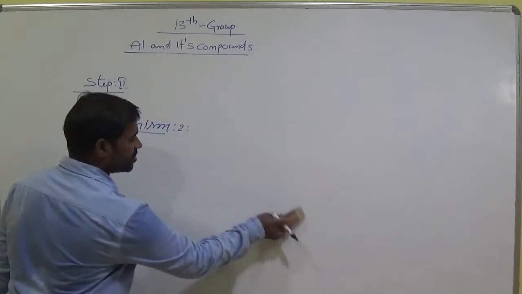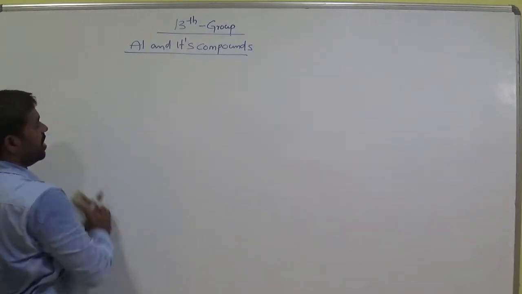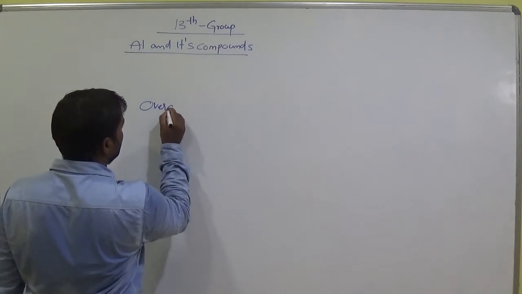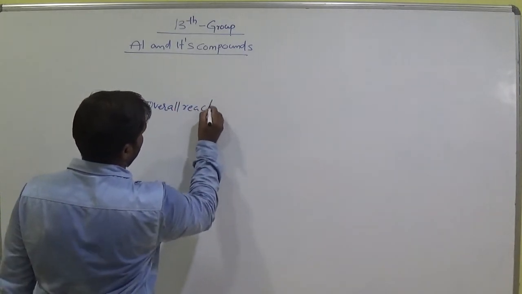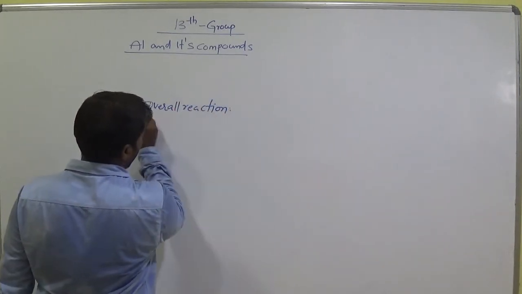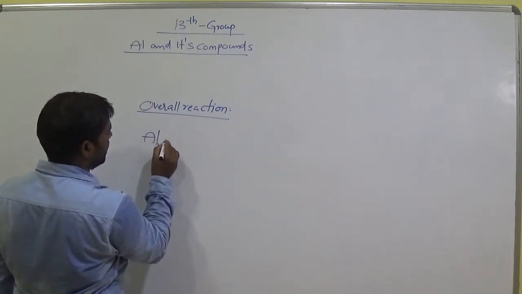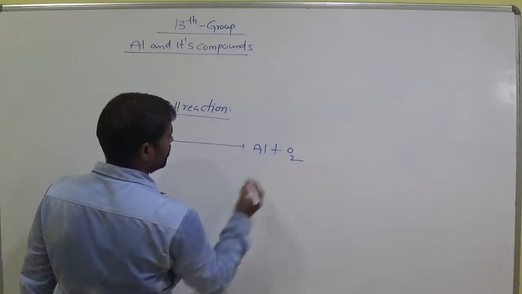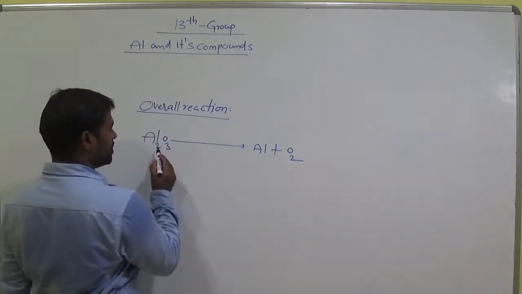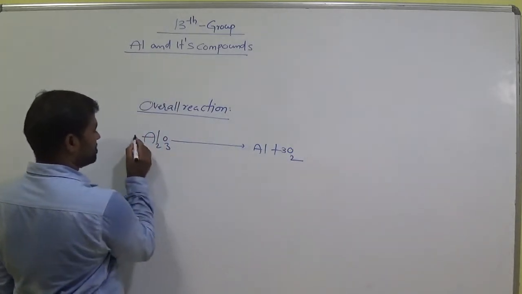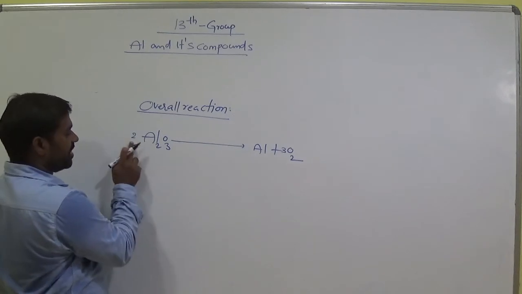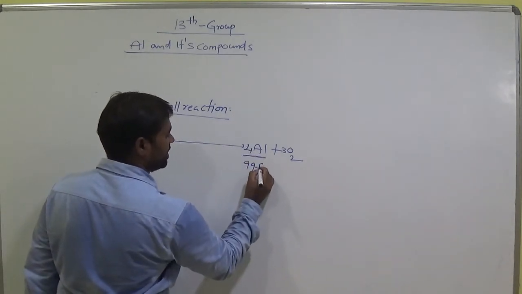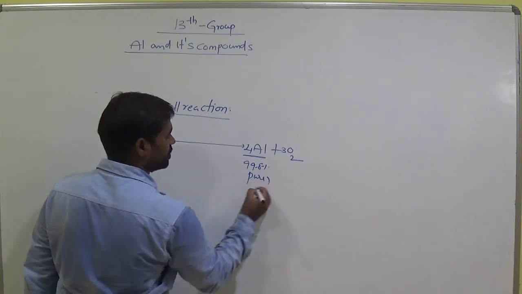Here also at the cathode we obtain aluminum, and the overall reaction is that Al2O3 becomes Al plus O2. Here we have 6 oxygens on each side, 2 times 3 is 6 oxygens, and 4 aluminums and 4 aluminums. This is the product which is 99.8% pure.